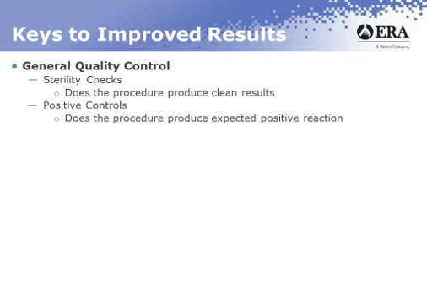ERA sells some QC samples that are intended for that purpose. There are a lot of other companies out there that do as well. The important thing for you to remember is you need to be checking all of these things before you move forward. If you're assuming that your media is just as good as what it was the last time, relying solely on the manufacturer, you may be making a mistake.